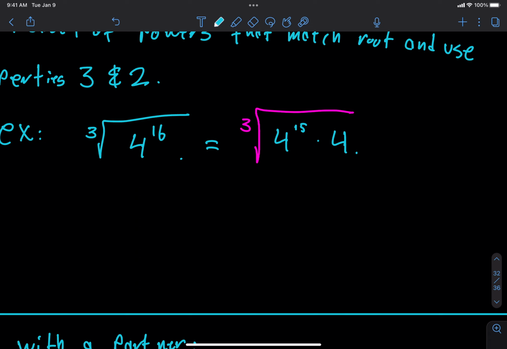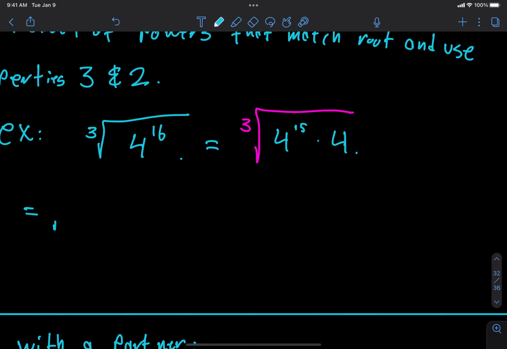So why is this helpful? Well, because I can easily take the cube root of 4 to the 15, and then the cube root of 4 is just going to be a little bit of leftover. Why is it helpful to write 4 to the 15? Because 15 is a multiple of 3.